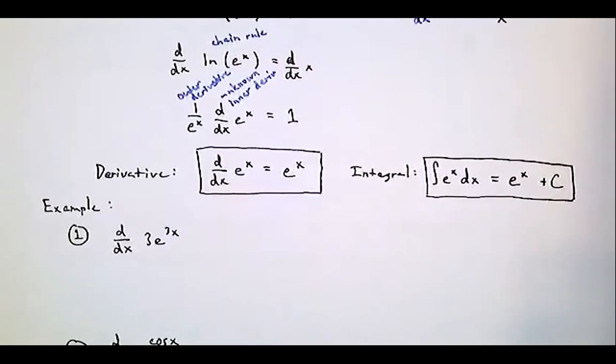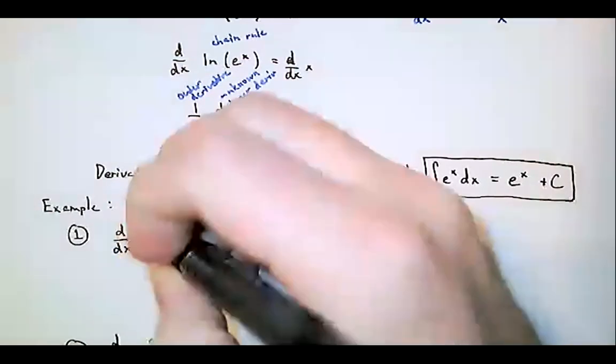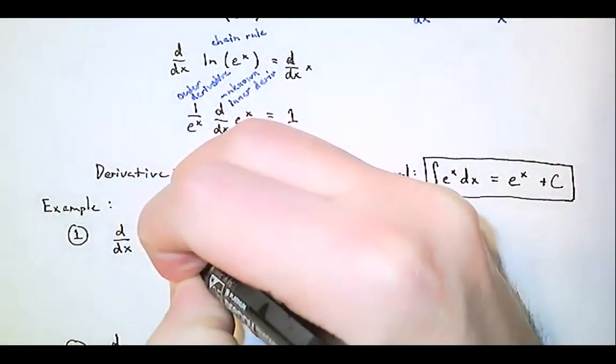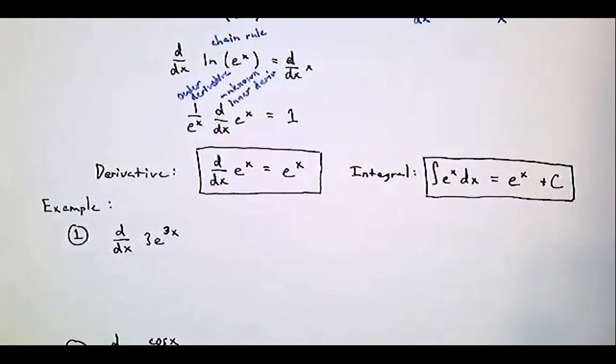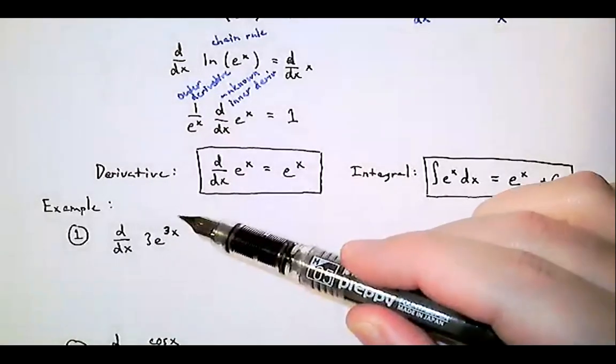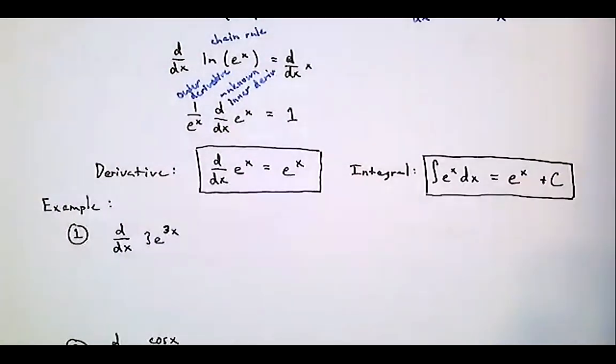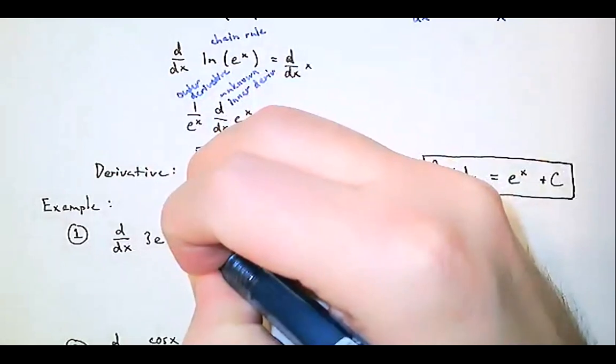So let's take these two new rules, the derivative and the integral rules for the exponential function, and just do a bunch of examples to get some practice. The first one, I want to take the derivative of 3 times e to the 3x power. So I actually have a function plugged into my exponential here.